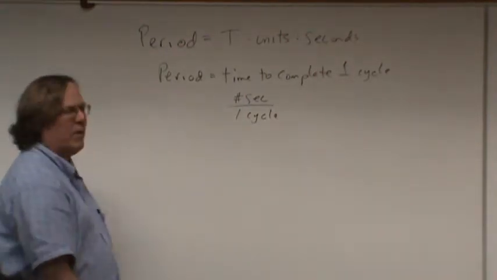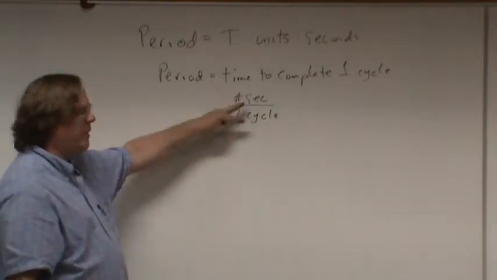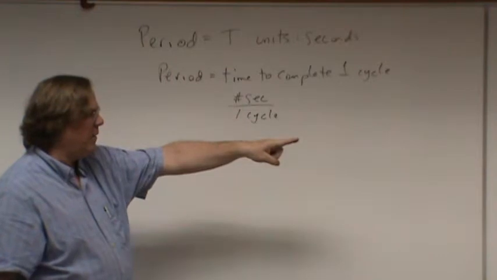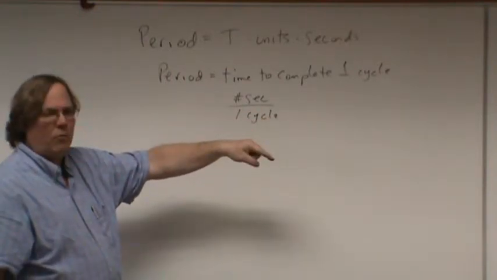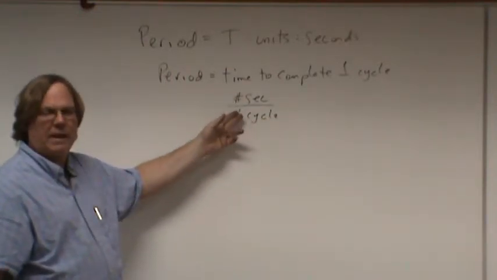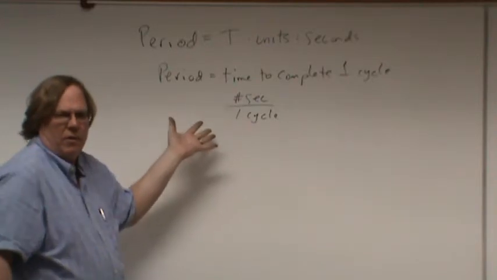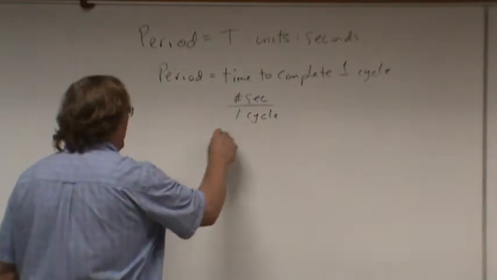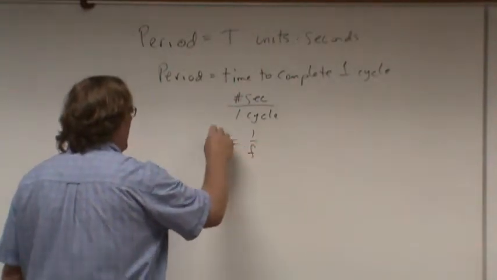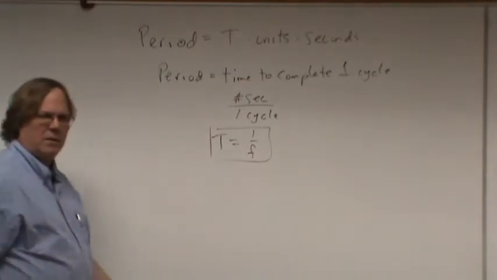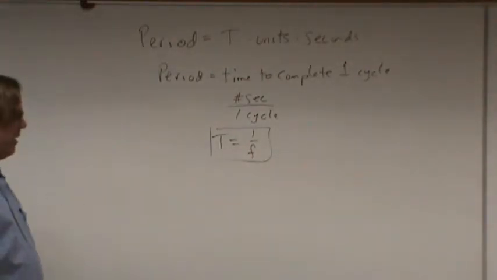Good. You flip them, right? Since one of them is the number of cycles in 1 second and the other is the number of seconds for one cycle, I hope you see that the relationship between period and frequency is that they're reciprocals of each other. That's simple. Period is always the reciprocal of frequency.